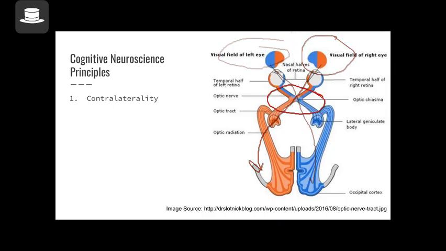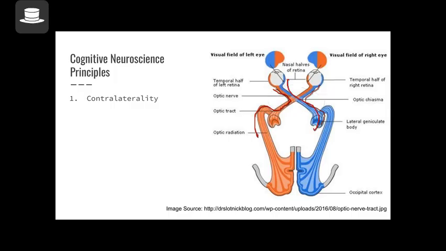Now, in the sensation part, you'll learn that the optic nerve fibers from both the eyes crisscross in a way that half of the fibers go to the same side and the medial half go to the opposite side, leading to this crisscross of fibers called the optic chiasm.